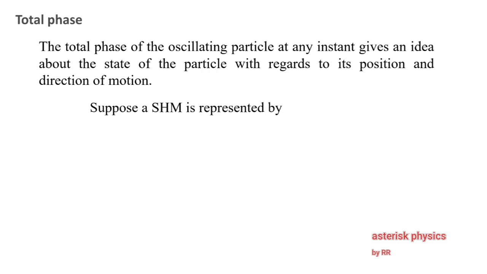Suppose a simple harmonic motion is represented by x equals A sine omega t plus phi 0. x is the position at a particular instant, A is the amplitude, omega the angular frequency, t time, and phi 0 is called the initial phase.